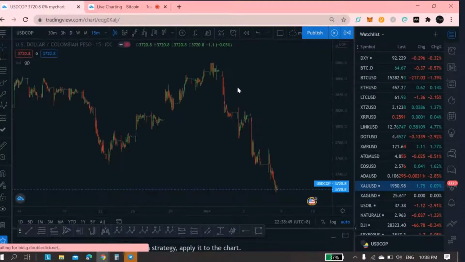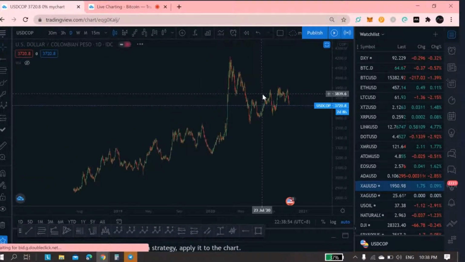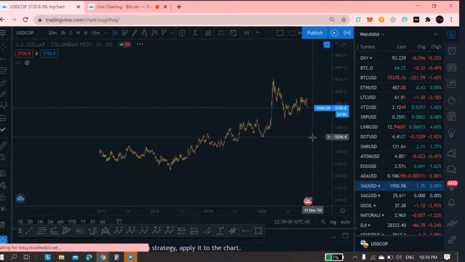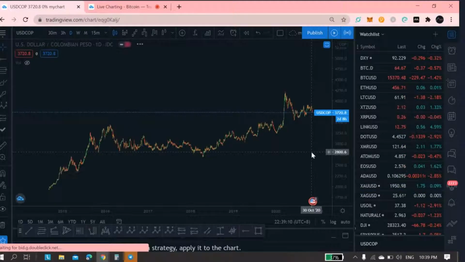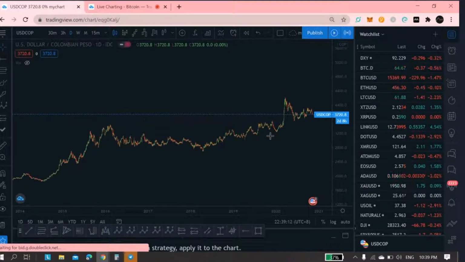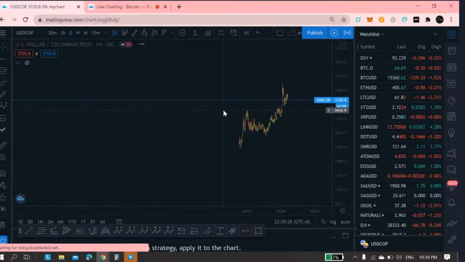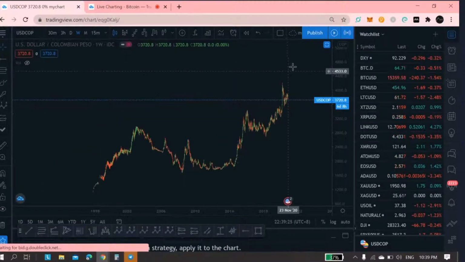So we will use the daily time frame. Wait, let me just check the weekly time frame. So this is the whole chart.